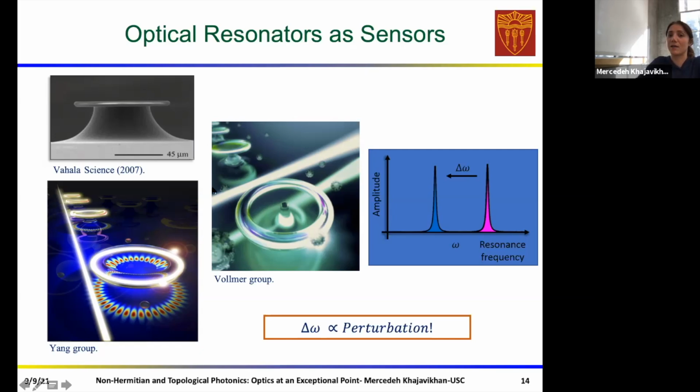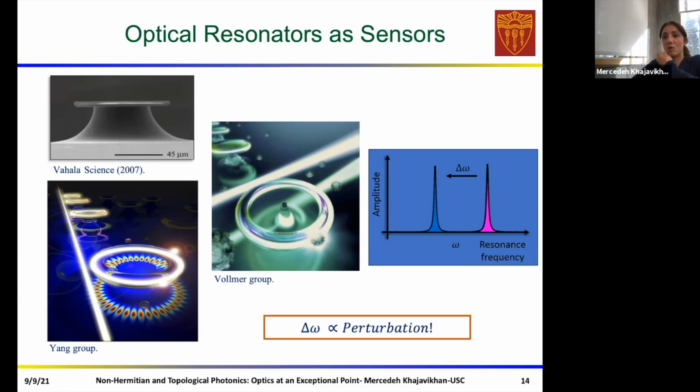Of course, there are now many ways to do sensors. All of them work based on this very simple principle, fundamentally. The only difference between them is how closely you can bring the target to the resonator, what type of material you use, what is the quality factor of the resonator, and things of that sort. So the sensitivity, as I said, has nothing to do with the quality factor.